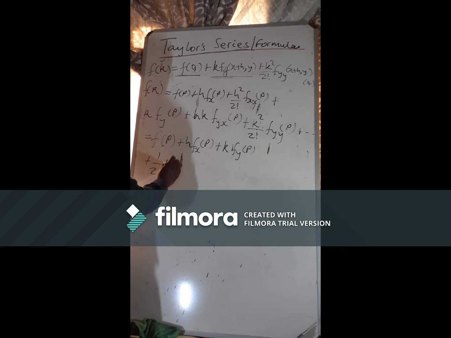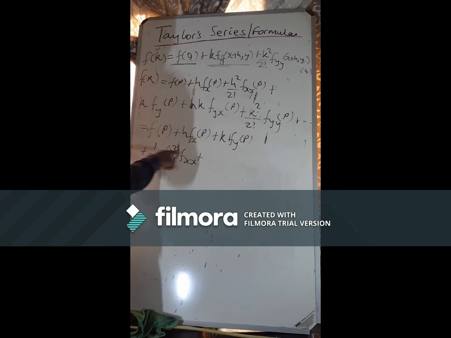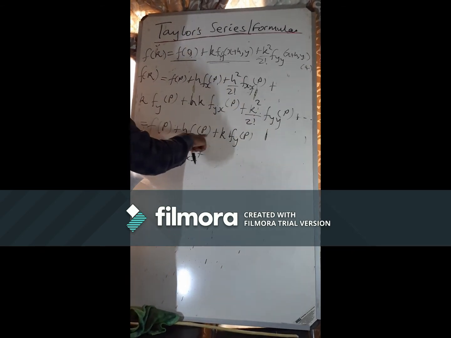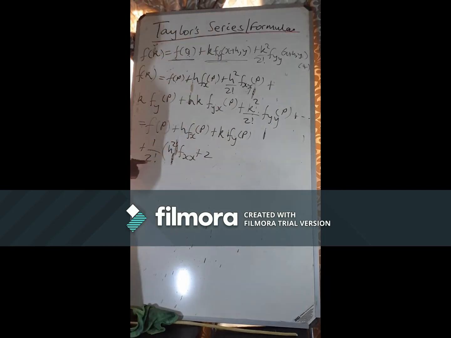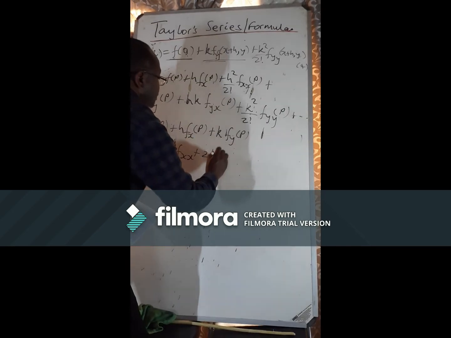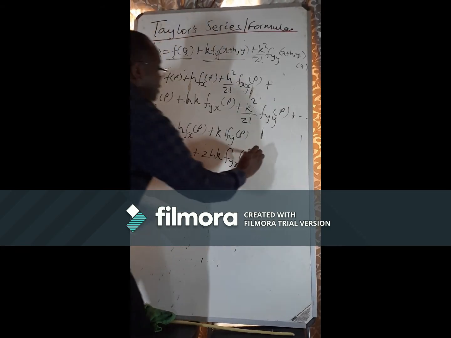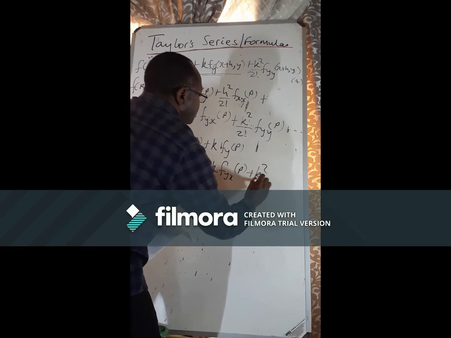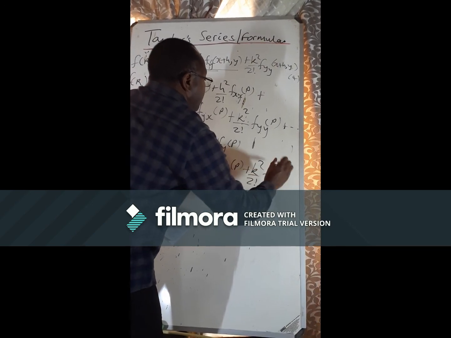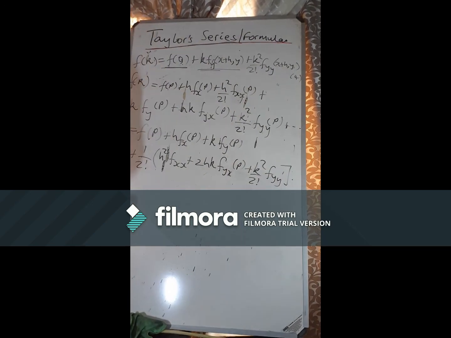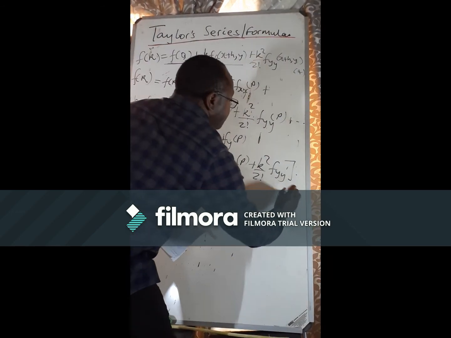So it will be h squared fxx plus, because there's no 2 for this one, you multiply by 2 because we factored out 2 there. So it will be 2hk fyx at p, then plus k squared over 2 factorial at fyy, like that. Now, let's call this 7.